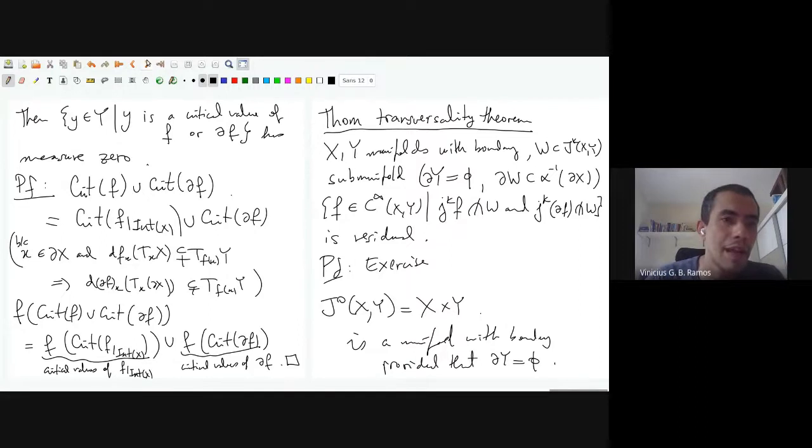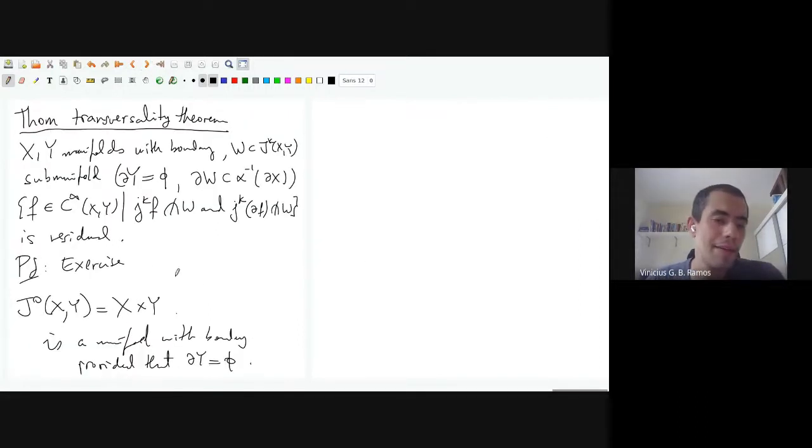One easy example to see this: if you take the product of two manifolds with boundary, then you're going to have corners. In the places where you're on both boundaries, you don't really have a natural smooth structure that will make the inclusion a smooth embedding.